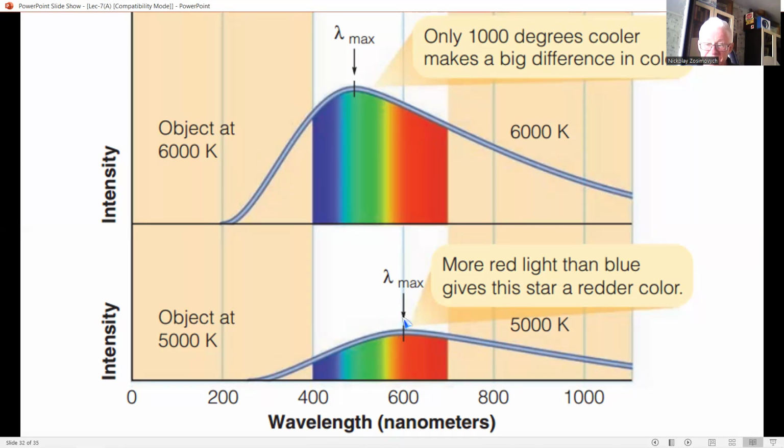And this emits more red. And now you can understand why your favorite stars, Betelgeuse and Rigel, have such different colors. Betelgeuse is cool and looks red, like here at the bottom. But Rigel is hot and looks blue.